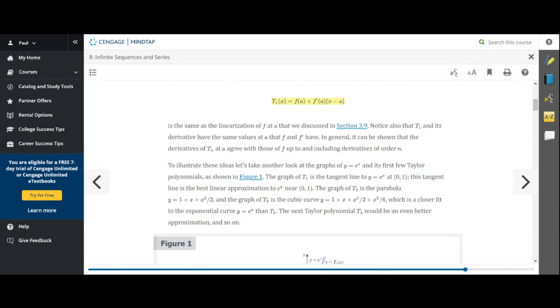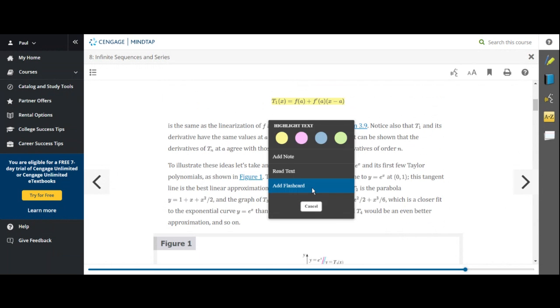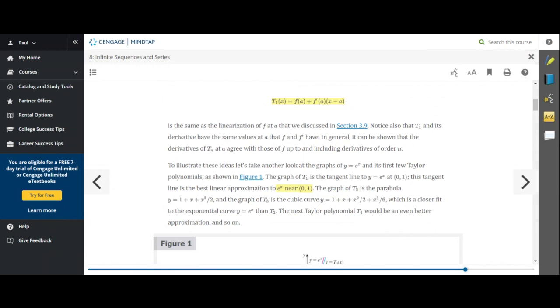What they do in the intro here is talk about the exponential function e to the x near 0. The Maclaurin series for e to the x is in your table, and you might want to download that table for the course content and have it on your screen, so it's handy.